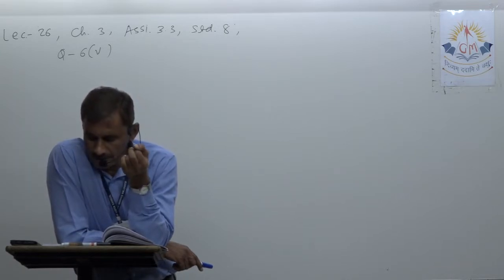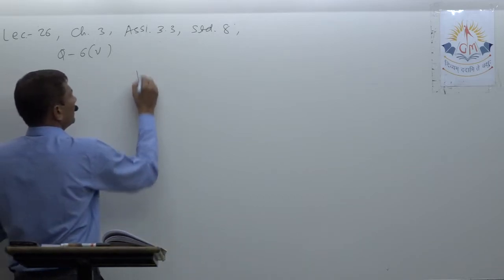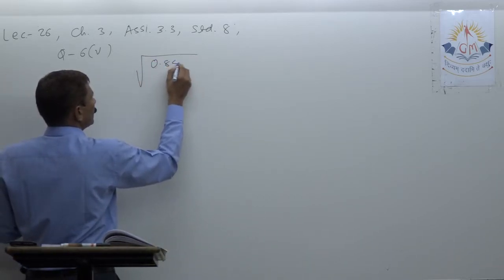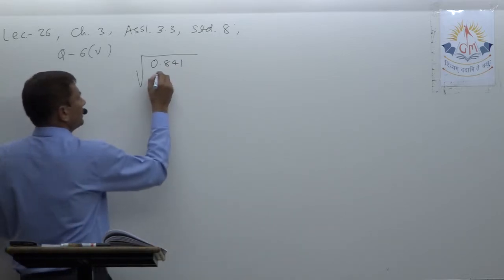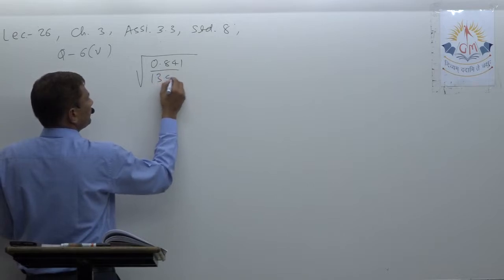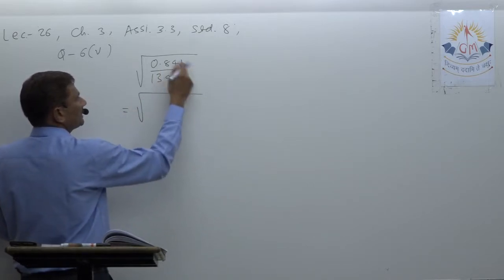Now first of all I am writing whatever is given. So it is 0.841 and 13.456. So now I am making them 1000 times.